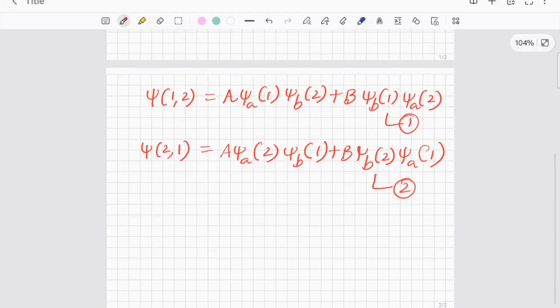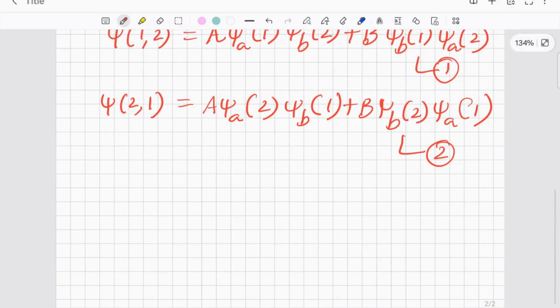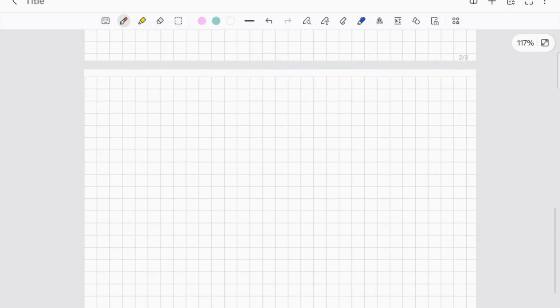If the question is about classical mechanics, then there's no way these two states can be separate. Psi 1, 2 should be equal to psi 2, 1. But quantum mechanics gives us two possibilities, right?